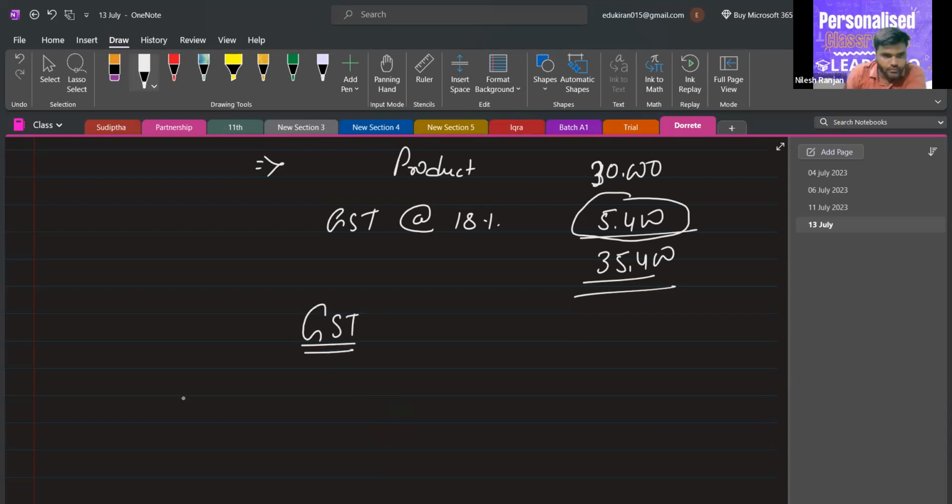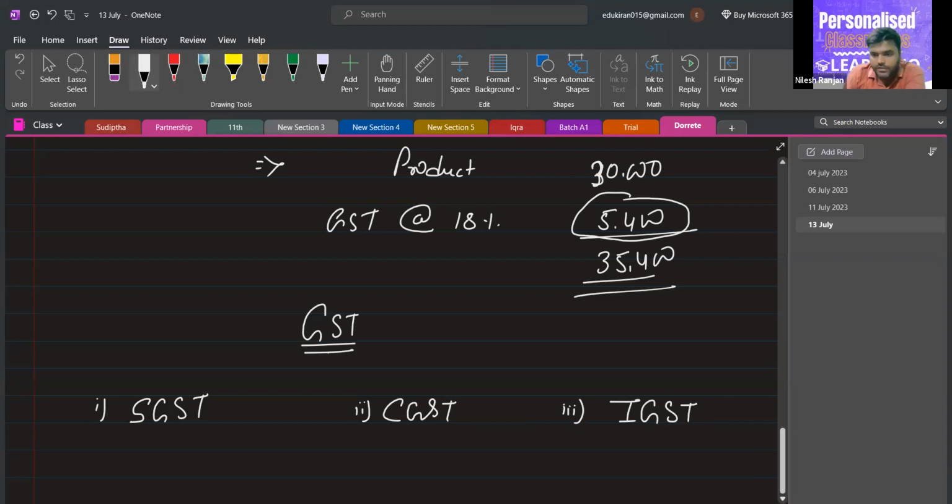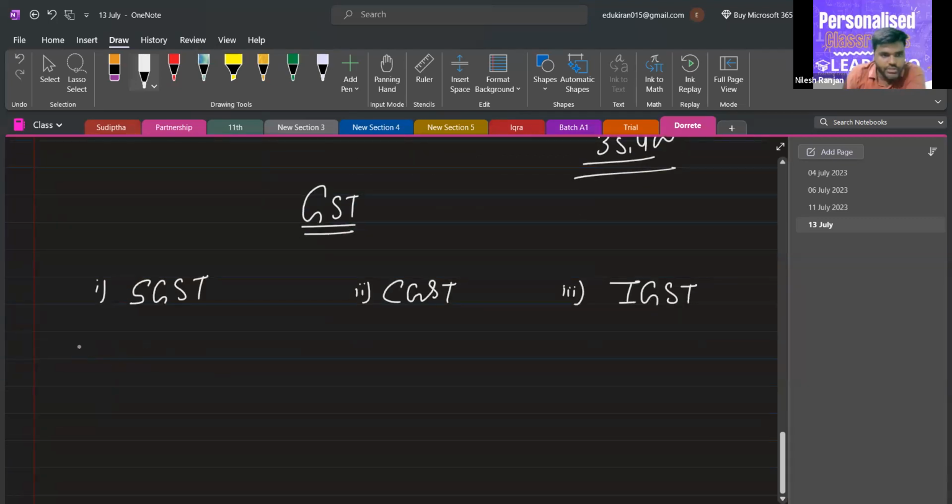The first one is SGST. The second one is CGST. And the third one is IGST. Now, what are the full forms of these? SGST means State Goods and Service Tax.